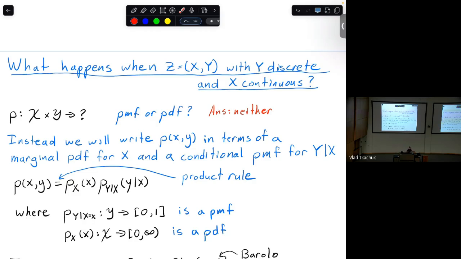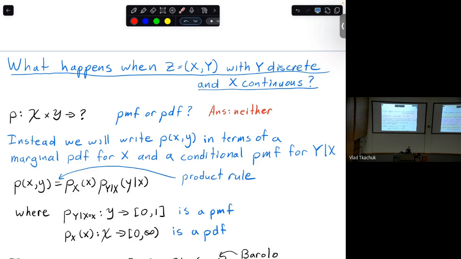The actual answer is that if you did all this in measure theory world, you wouldn't have any of these problems. But we simplified things with PMFs and PDFs and so on, and you do run into these issues, as we can see. But it's resolved using the chain rule.